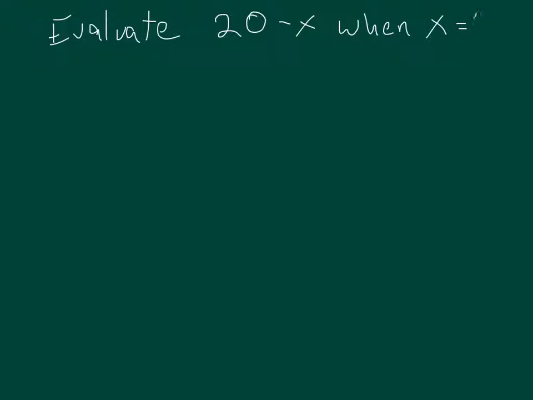Now let's look at an example where we use some algebra. If we have a problem that says evaluate 20 minus x when x equals 4.71, then we're really saying 20 minus x is the same thing as 20 minus, but instead of x, I'm going to write what x equals.